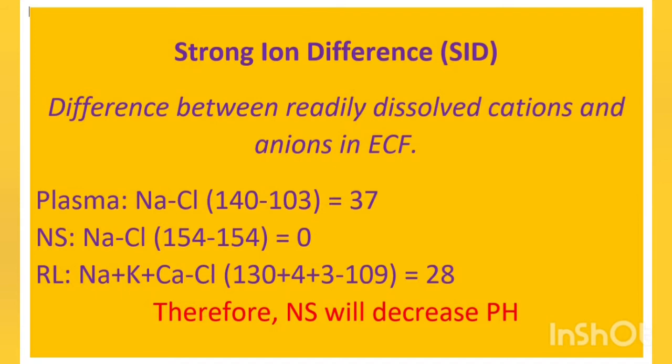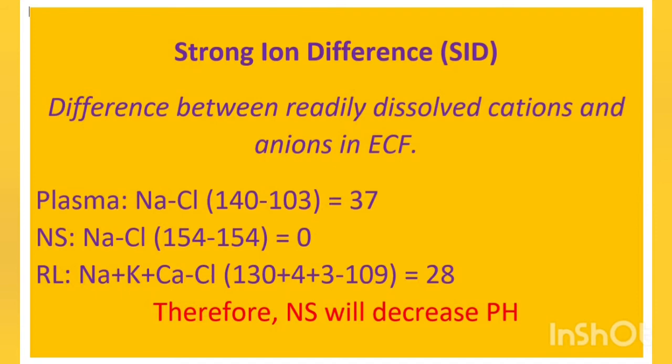The strong ion difference is the difference between readily dissolved cations and anions in the extracellular fluid, which basically means the difference between sodium and chloride. In the plasma, the normal sodium content is about 140 milliequivalents per liter, and that of the chloride is about 103 milliequivalents per liter, which gives us a SID of 37.